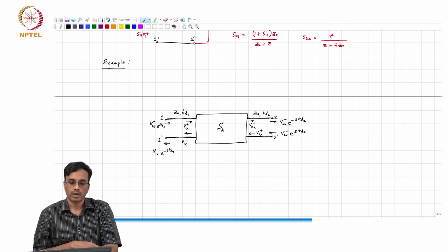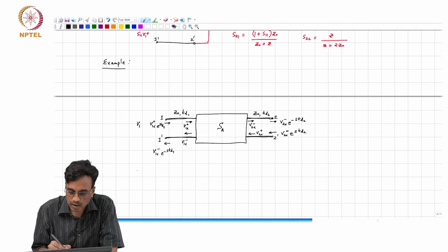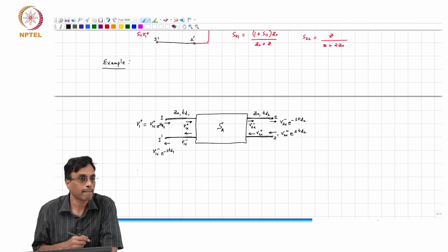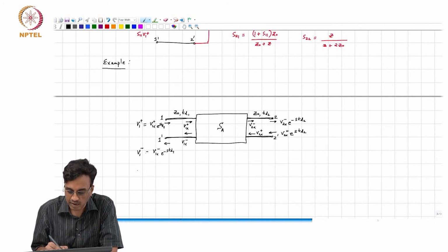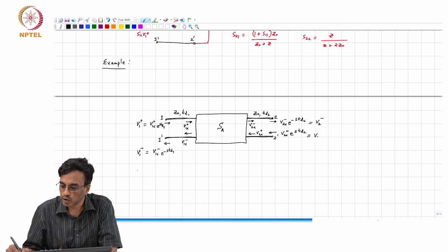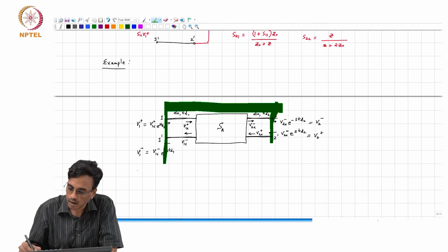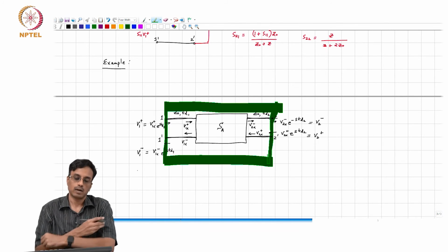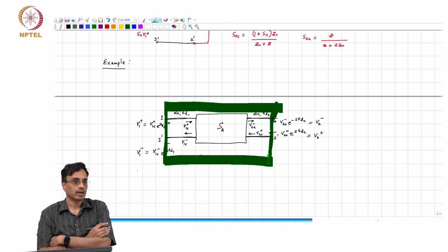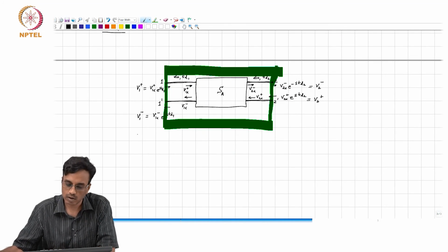All right. So, we are however interested in finding V1 plus equals this, V1 minus equals this. This is V2 minus and this is V2 plus, because this is our 2 port. Correct? All right. So, what do we know?